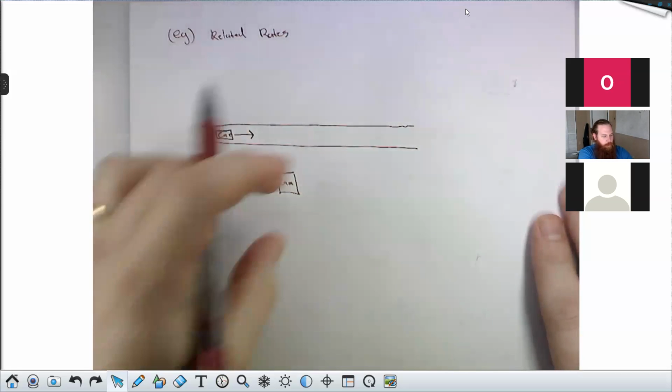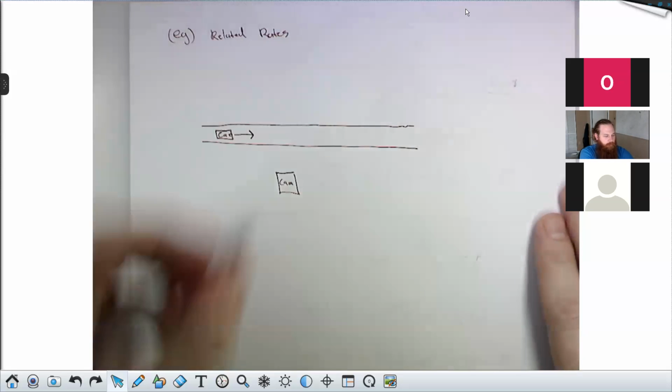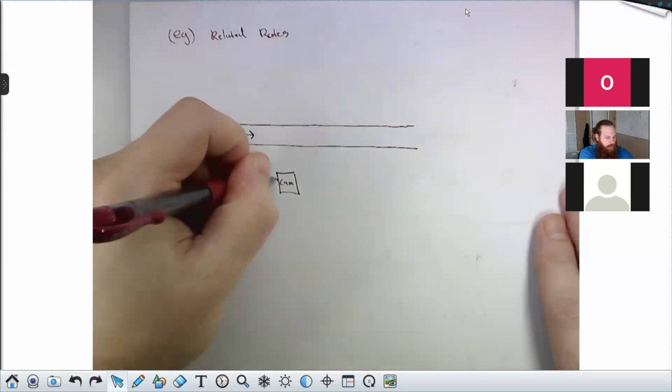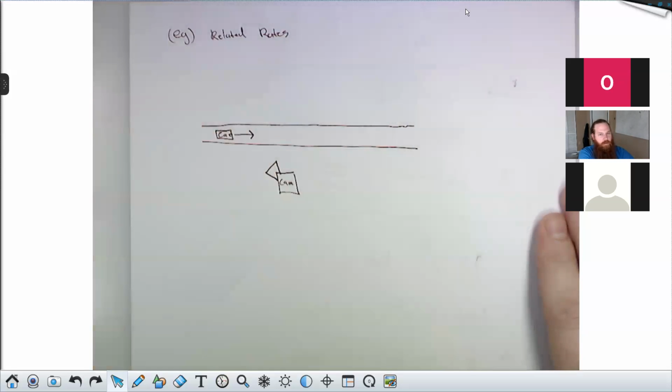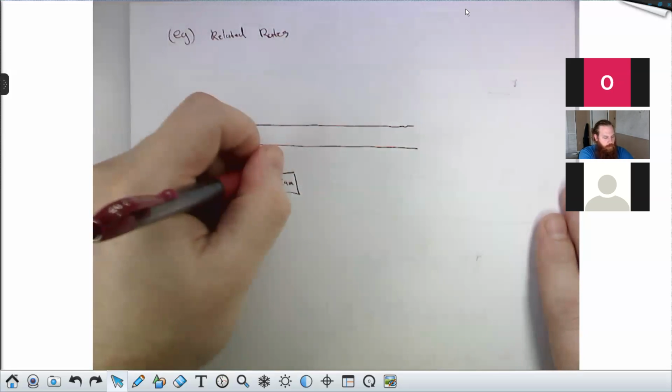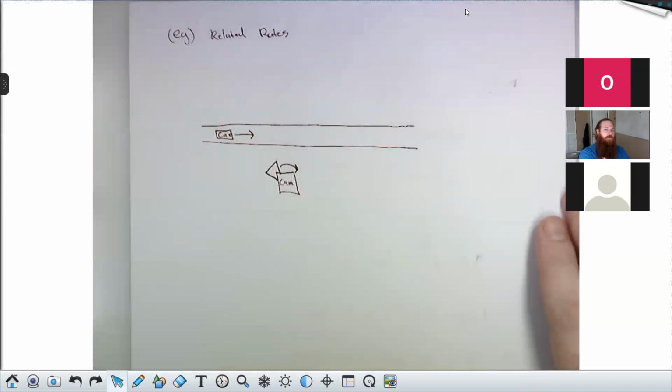The cameraman has to pan the camera to keep the car in focus as it goes by. Maybe right now he's looking this way, but he's going to have to rotate as the car goes by in order to keep the car in focus.